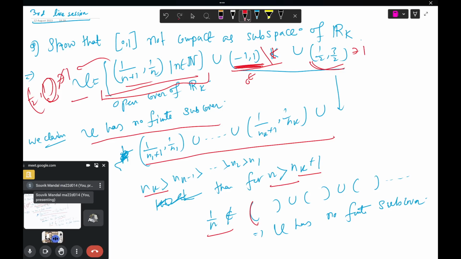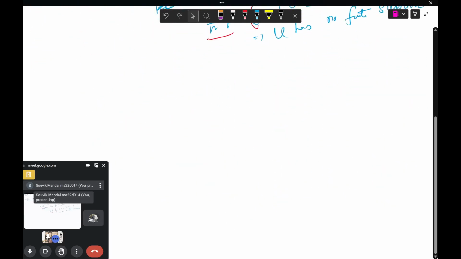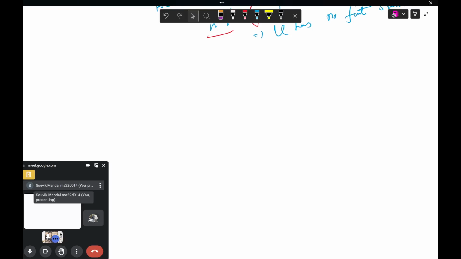Do you have any doubt or any questions? You can ask. Okay, so do you know limit point compactness, right? Yes, sir. So definitely you know that compactness implies limit point compactness, right?